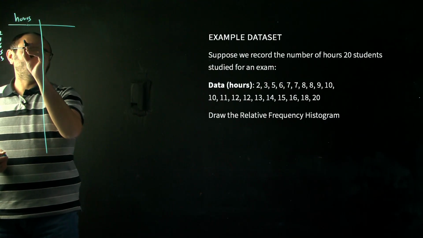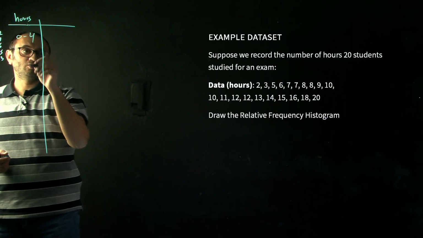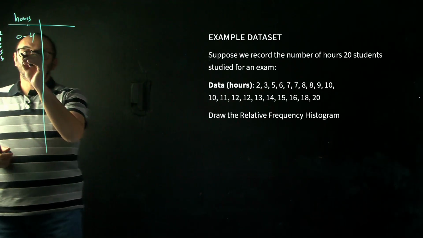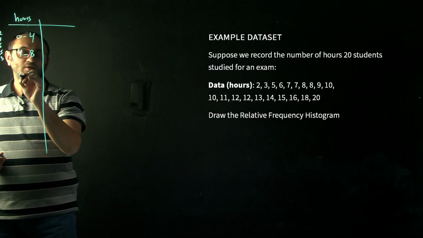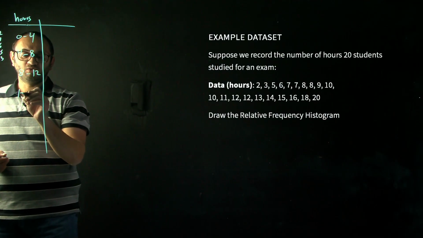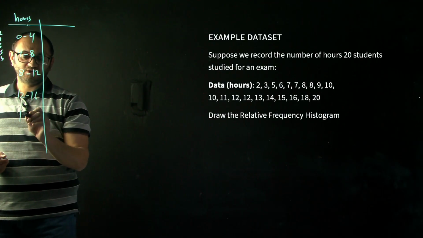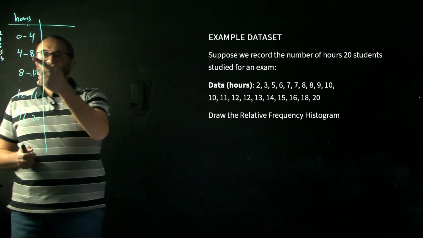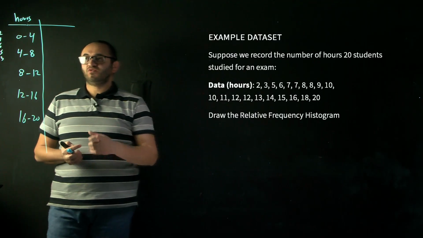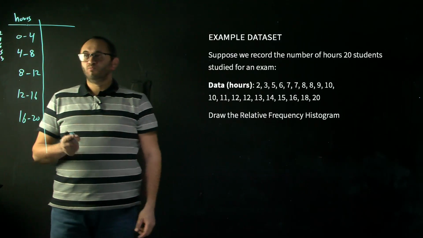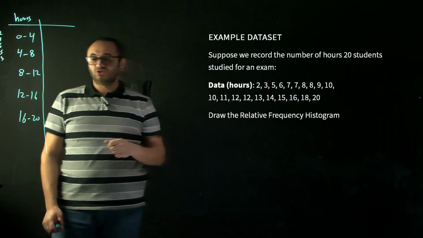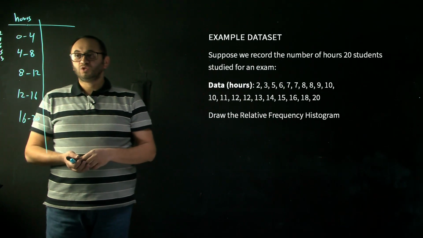Let's say 0 to 4, because I want to use 4 hours. 0 to 4, 4 to 8, 8 to 12. The maximum value is 20, so I have to keep going. 12 to 16, and the last one 16 to 20. So in this case, I have 5 intervals. If you need more intervals, like 6 or 7, you make the width smaller. For example, maybe 0 to 3, 3 to 6, and so on, all right? So this is the hours.